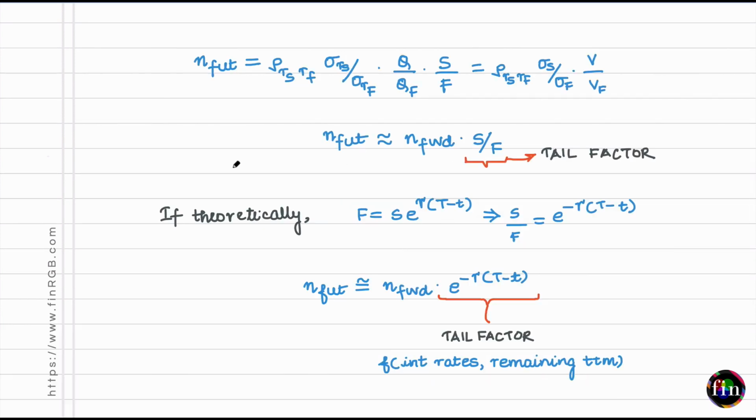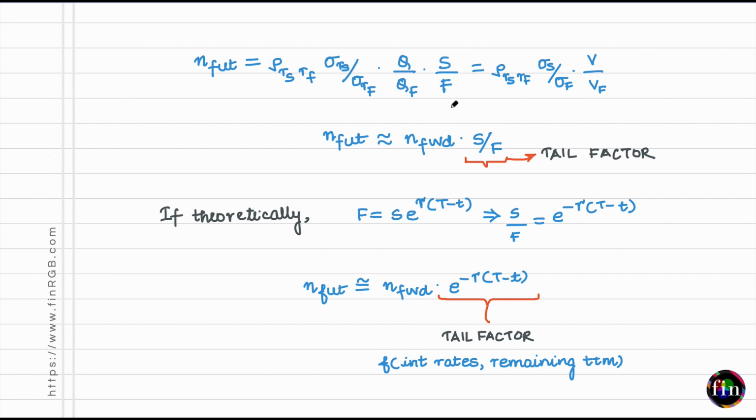The new formula looks something like this. It's the number of futures contracts required, again equal to correlation, times a ratio of standard deviations, times a ratio of quantities, but there is an additional ratio sitting here, and this is the ratio of S, the spot price, and F, the futures quote.